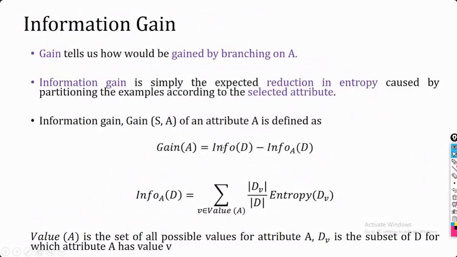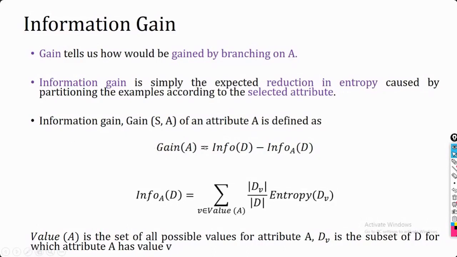Okay, so this is the complete formula for how we are going to calculate your gain. Here A represents your attribute. First we are going to calculate your gain, and this gain should be the maximum one. If I want to select which attribute to use for further division, that is going to be based upon the maximum gain.